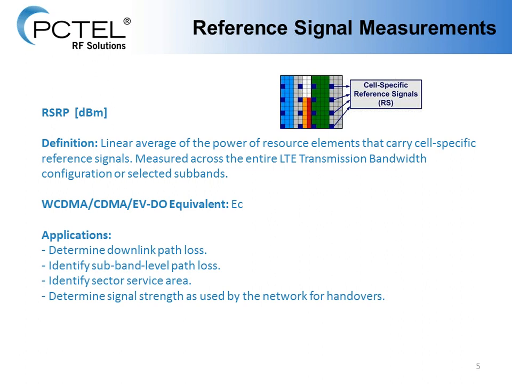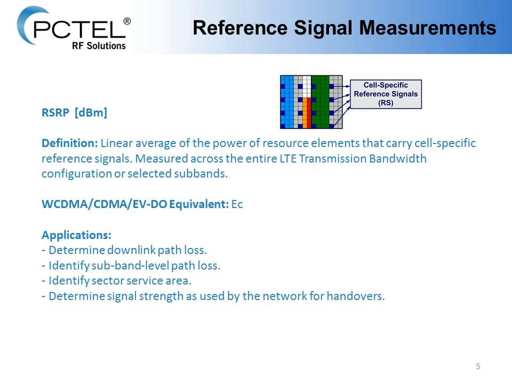Essentially, RSRP, which is one of the most critical measurements, is a linear average of the power of the resource elements that carry the cell-specific reference signals. And as I mentioned before, it's measured across the entire LTE channel bandwidth. If you're familiar with WCDMA or UMTS or CDMA and EVDO, it's the equivalent of what they call Ec in these other technologies.